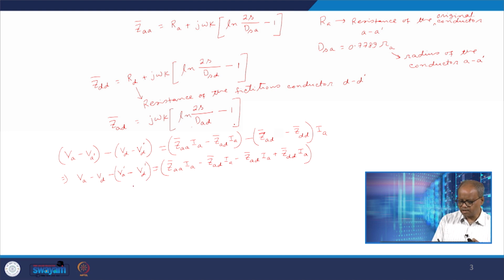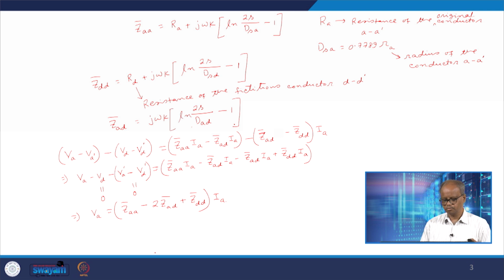Now, we have already said that this quantity is 0, this quantity is 0. So, then therefore, it only remains that VA is equal to, if I take IA common here, ZAA minus twice ZAD plus ZDD into IA. So, this also can be written as ZAA plus ZDD minus twice ZAD into IA.